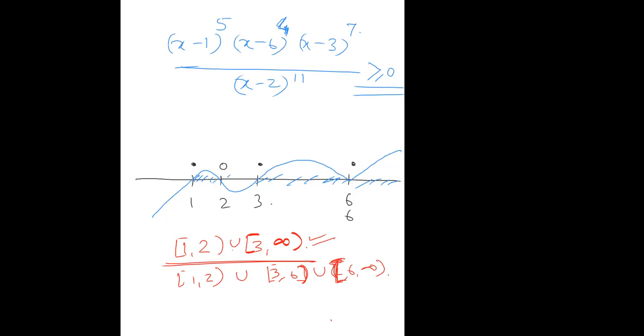How many of you got the right answer? Please write down yes in the chat box. So we can write 3 to infinity, right? Yeah, 3 closed. Very good, very good.